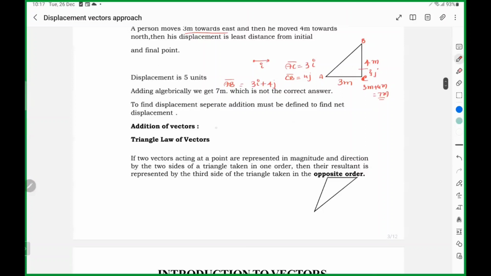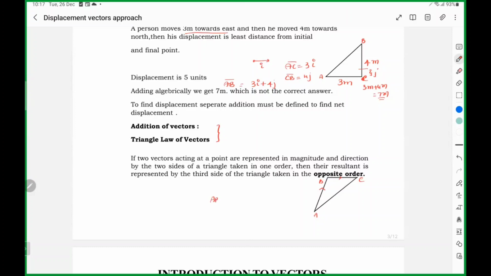So for that addition, how they defined is if two vectors, let us say AB, directed towards B, and here it's directed towards C. These are taken as two sides of a triangle.